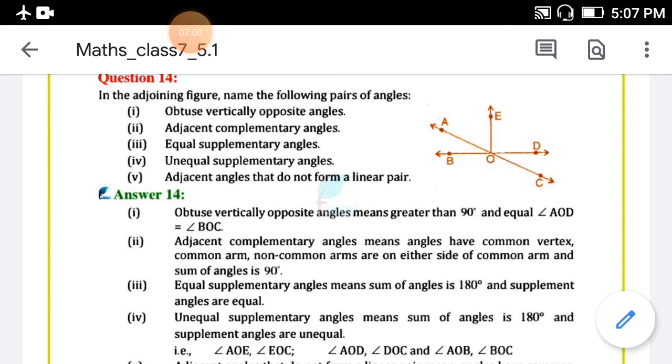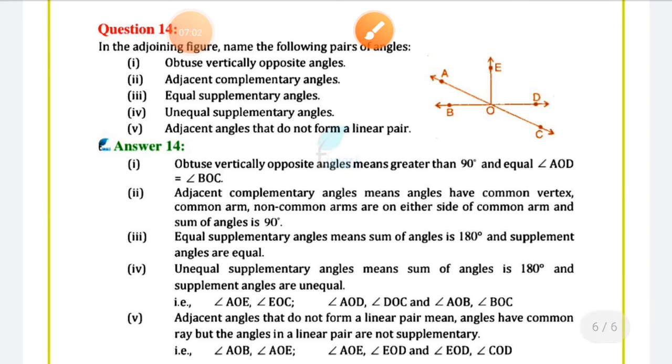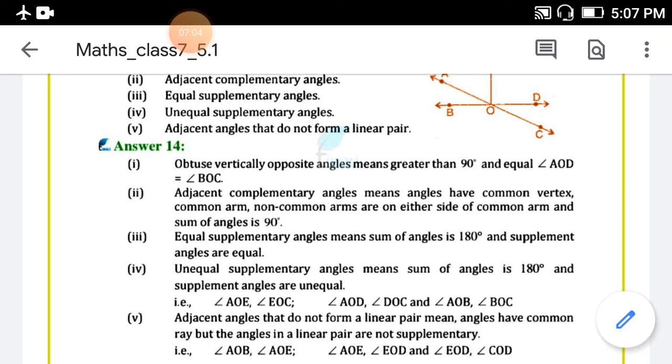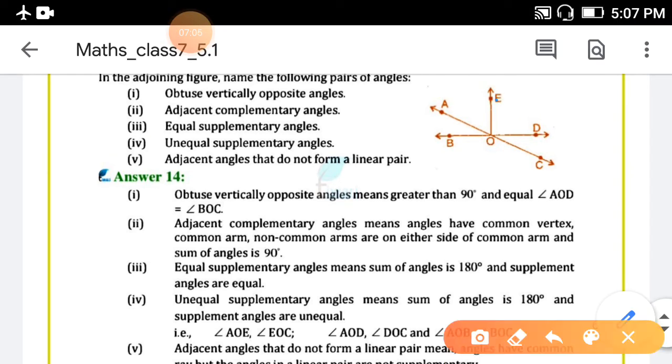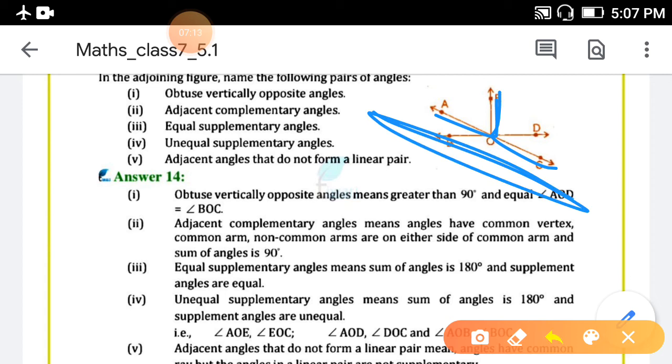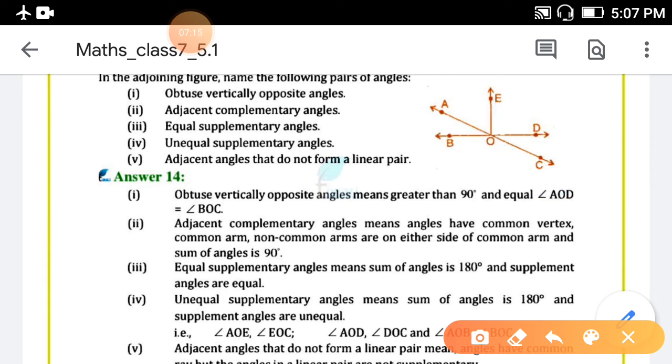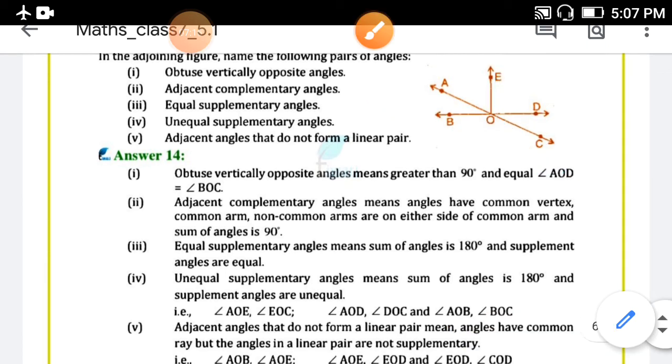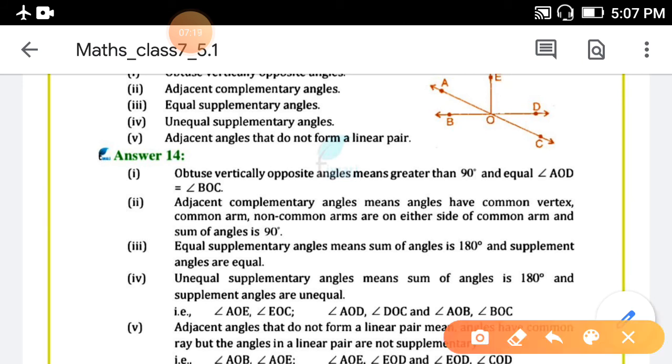Fourth one, unequal supplementary angles, that is given here, AOE and EOC, because supplementary angles form a linear pair, their sum is also 180 degree. Second one, AOD and DOC, AOD this one, and DOC this one.